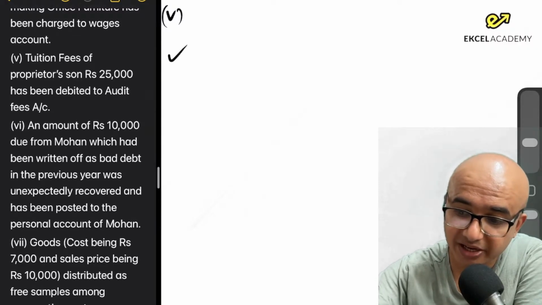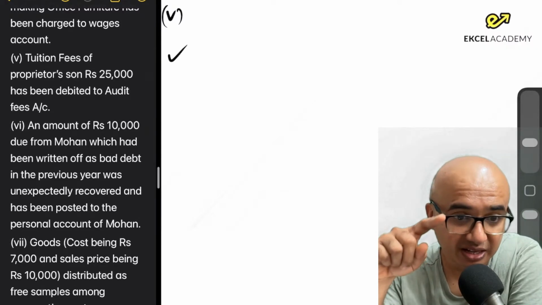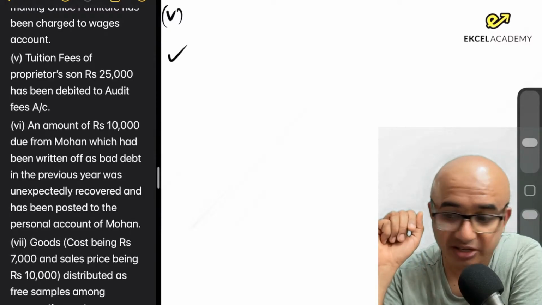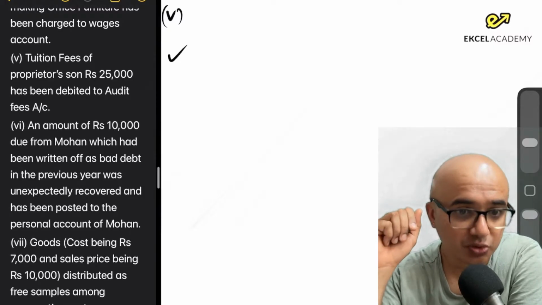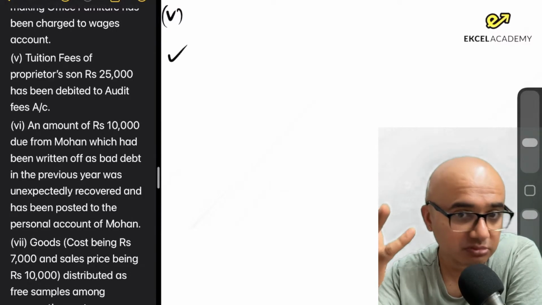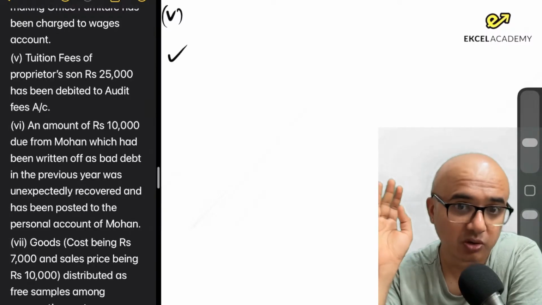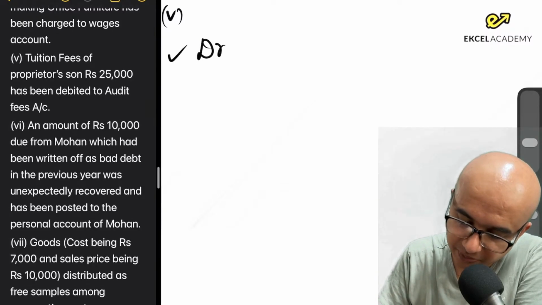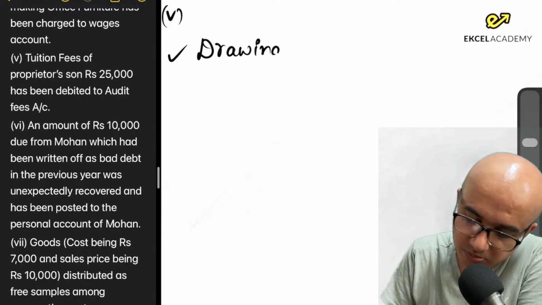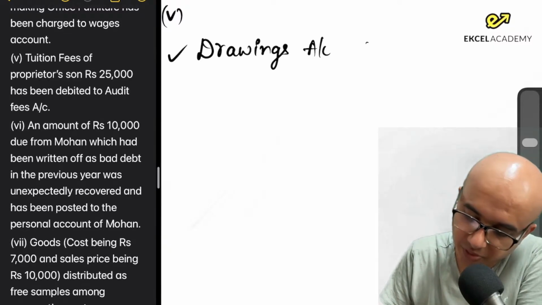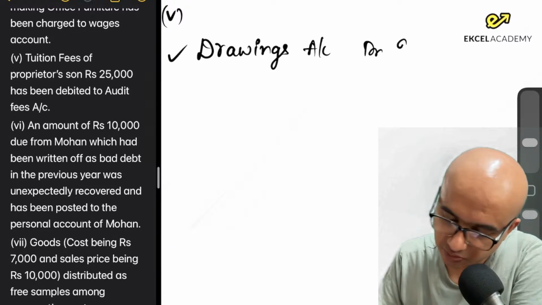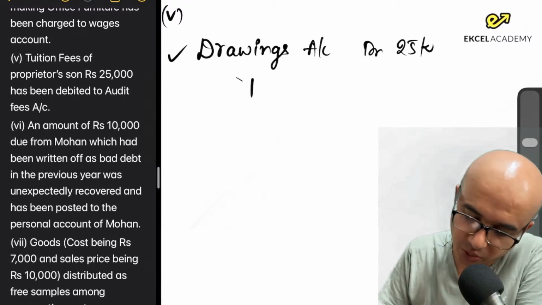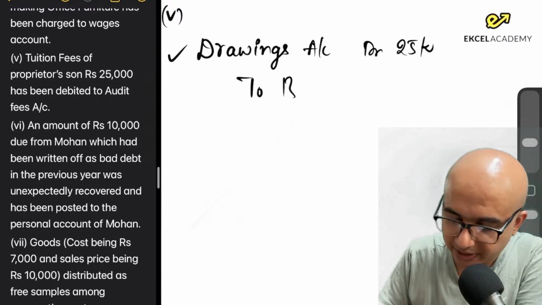It should be treated as nothing but your personal expenditure, that is drawings. So you treated it as audit fees, which shouldn't have been touched at all in the first place. So now the correct entry in this case would be drawings account debit, how much is the fees, 25,000 to bank.